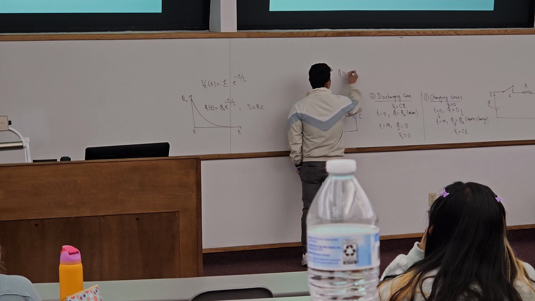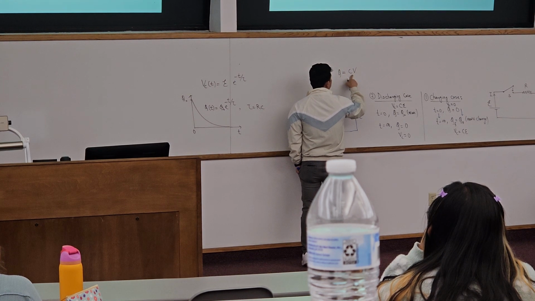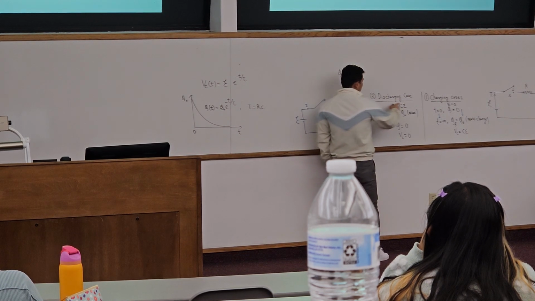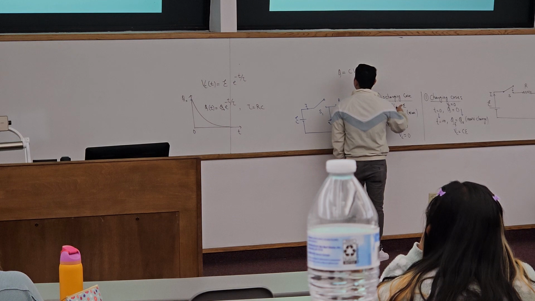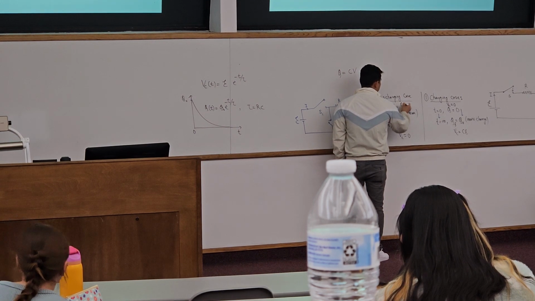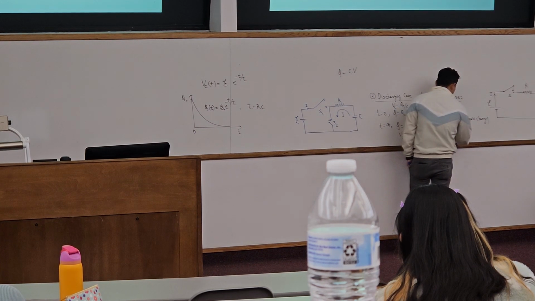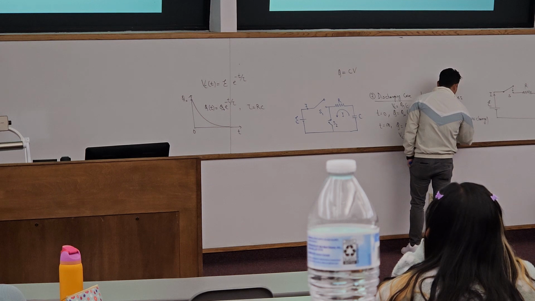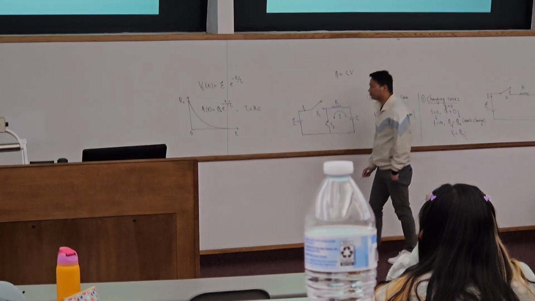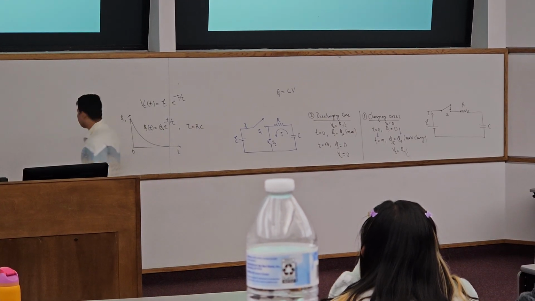Q equal to C times V, so V equal to Q over C. You can put it like this, or you can put it like that. VC equal to Q0 over C, like that. Q0 divided by C. Alright, so this is about the charge.